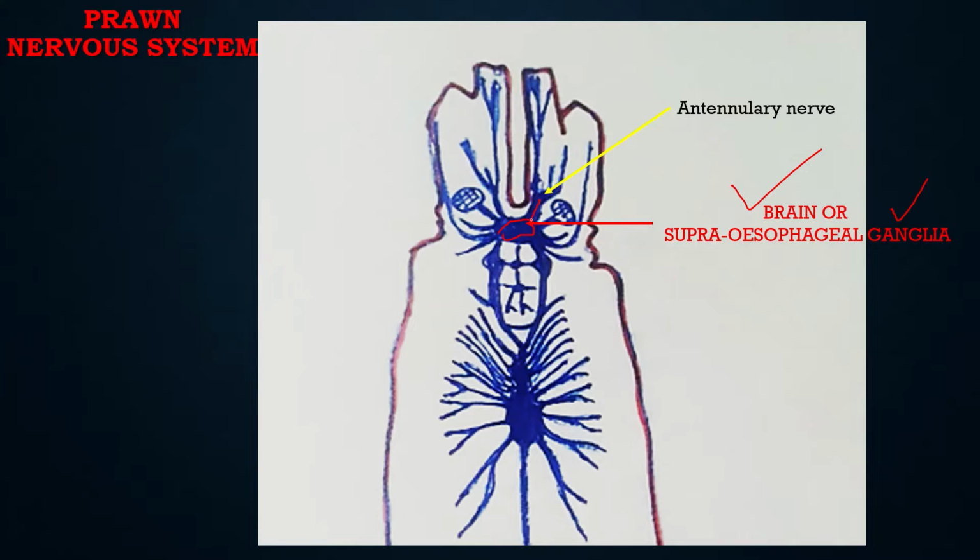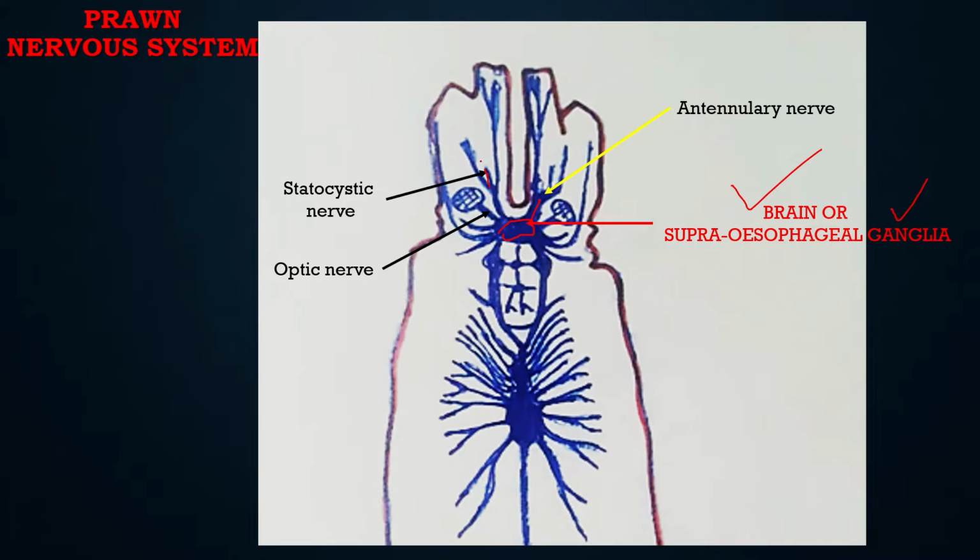There is a single branch of this nerve called the statocyst nerve, which has a connection with the statocyst organ of the prawn.